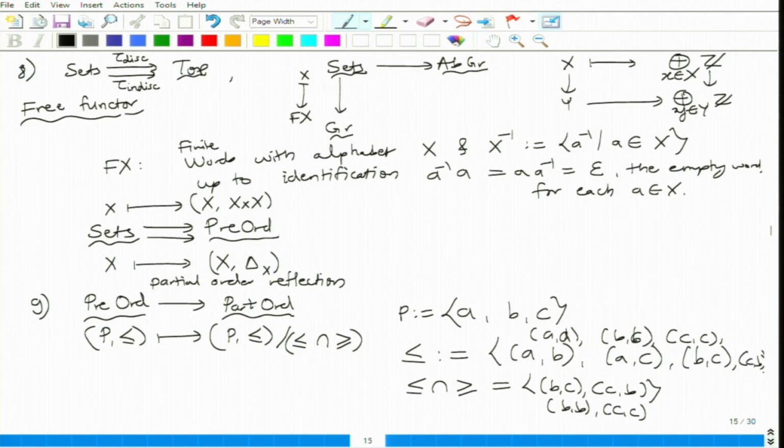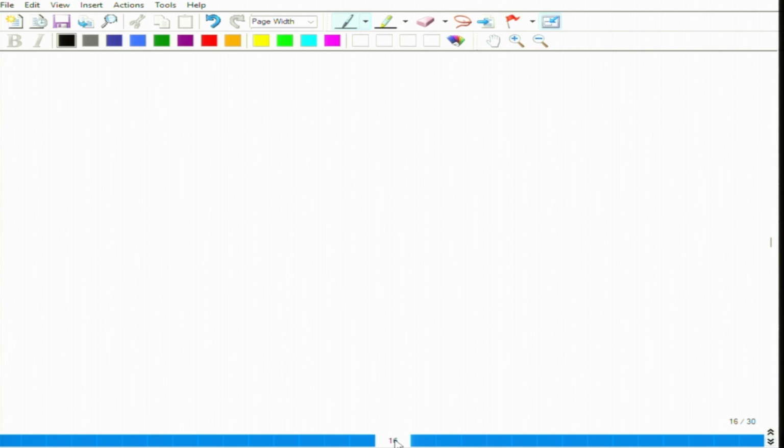Now in a similar fashion, I can give you one more interesting example. Let us start with Cat, and I am going to assign to it one pre-order. I will take a category C, a small category.